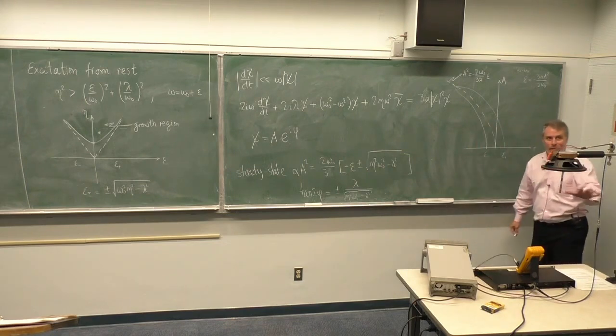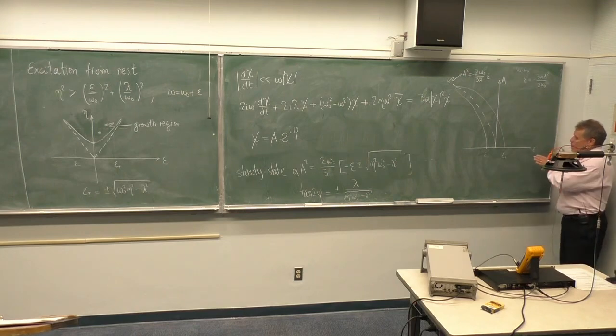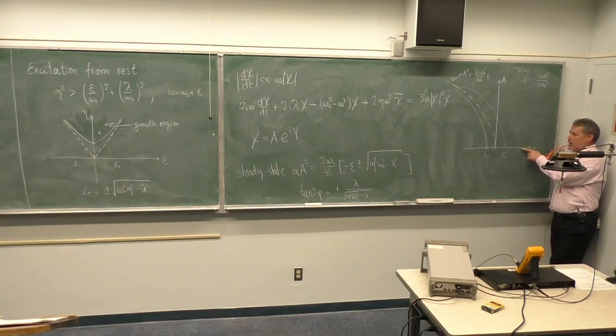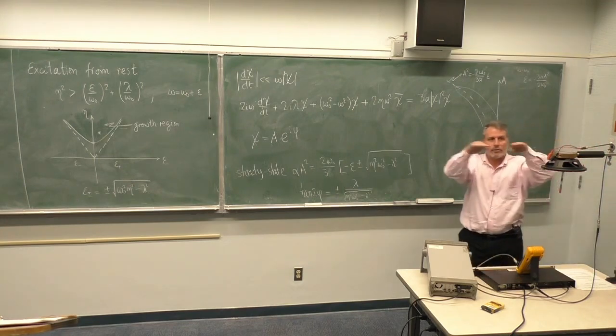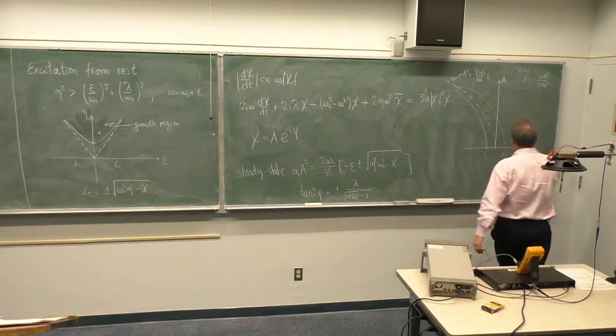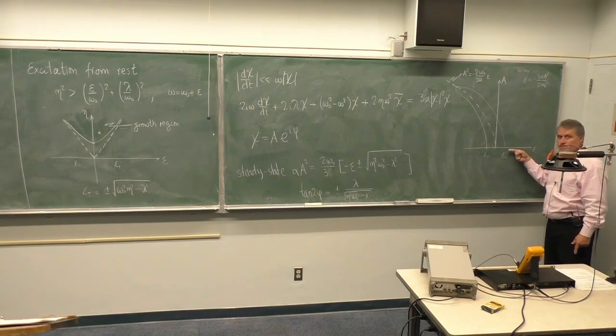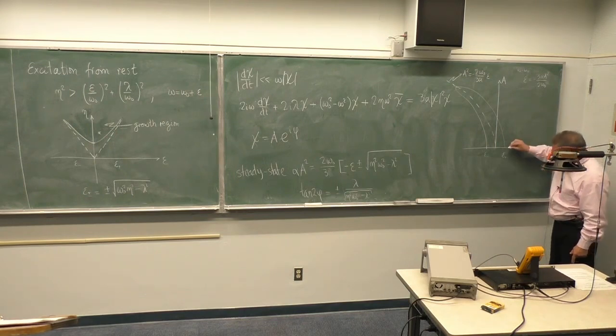Let's look at this curve and let's go to the demo. So if I start from out here, and I drive with this frequency, I pick an amplitude of the drive, and then I start out here, then my response is going to be 0. There is no response amplitude. Then I hit this value right here.